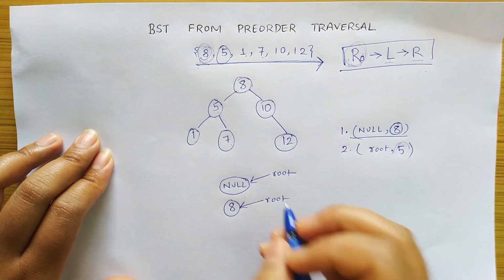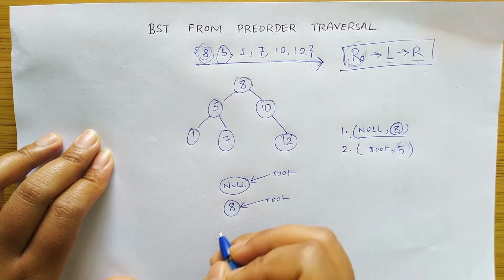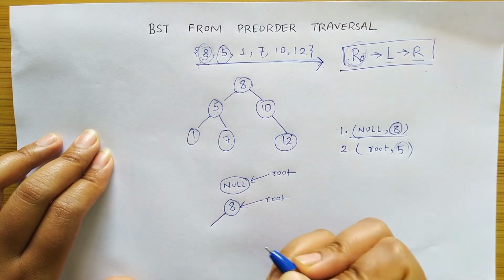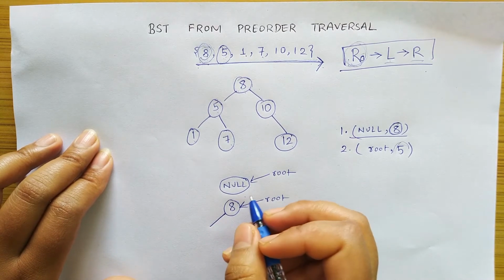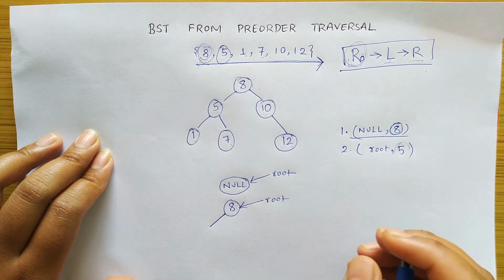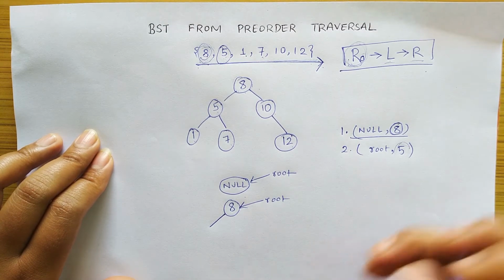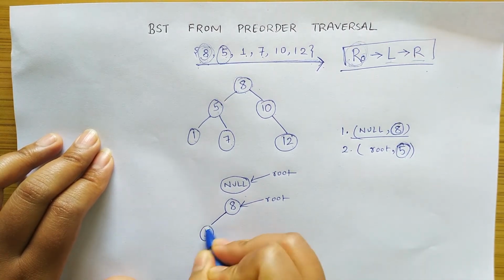So root of left will be equal to calling the insert function again for root of left. Root of left is null right now, so when we call this function it will turn out to be the base case, which is root equal to null, and it will return a new node with this value inserted. So we will have 5 here now.